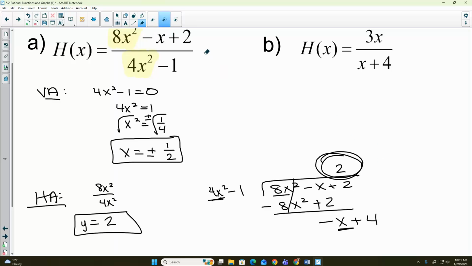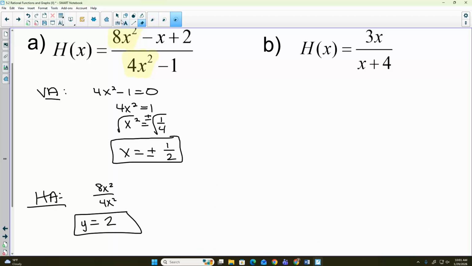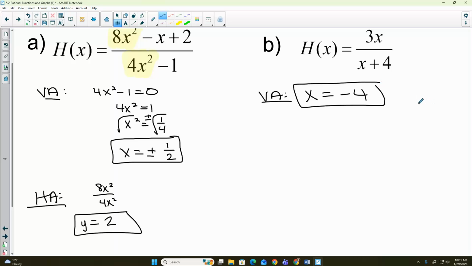So let's look at B. Can you tell me what my vertical asymptote will be? How do I write it? x equals negative 4. All right, horizontal or oblique, we just divide our highest powers of x. So if you take 3x divided by x, we get 3.